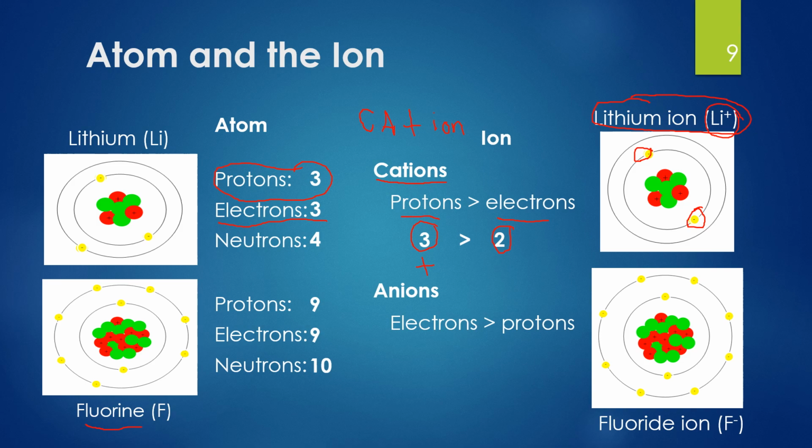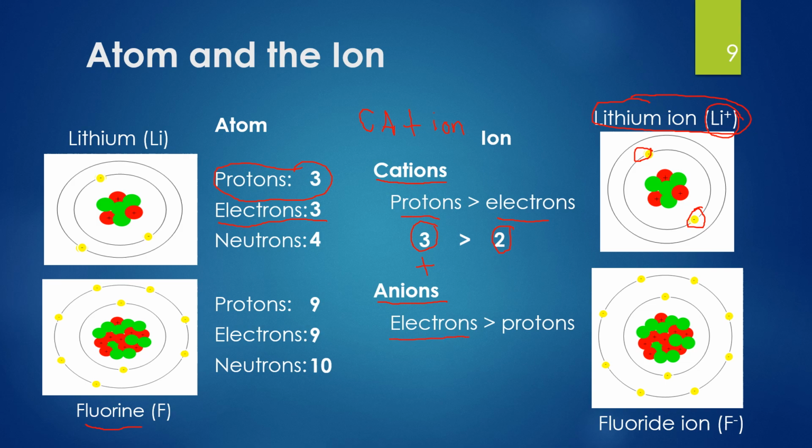Let's look next at an anion. So we said cations were positively charged ions, so you can guess that anions are negatively charged ions. So since protons can't change, that means that the electrons are going to change.